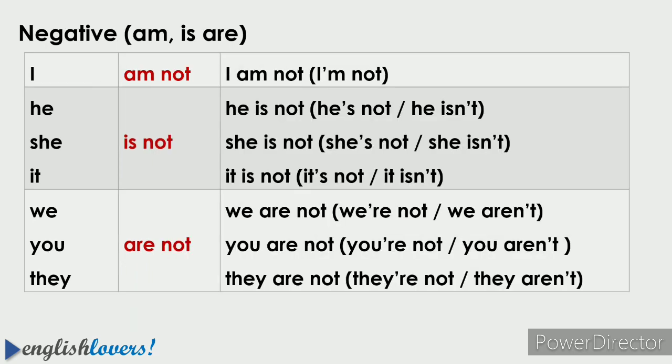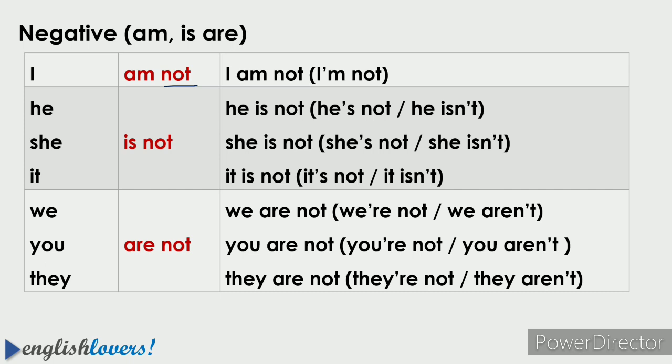Next is negative statements with am, is, are. So how are negative sentences formed? It's very simple. You just put not after that verb. So here you see I am, you put not, so it becomes negative. I am not.